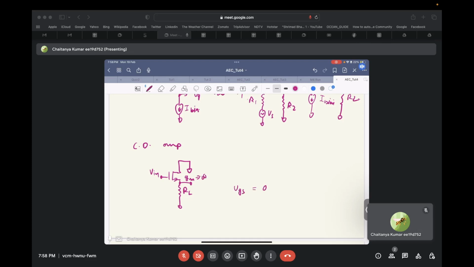If VGS goes to 0, that means automatically we can say Vin should be equal to Vout. So without actually applying KCL, KVL and getting the answer, we can quickly get Vin equal to Vout if we apply this concept of transistors.